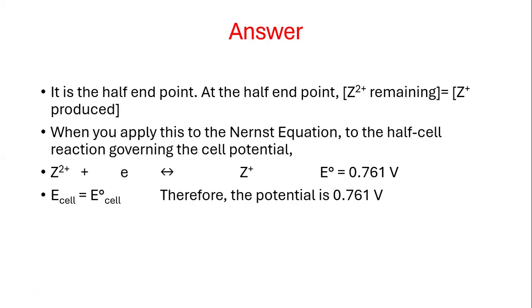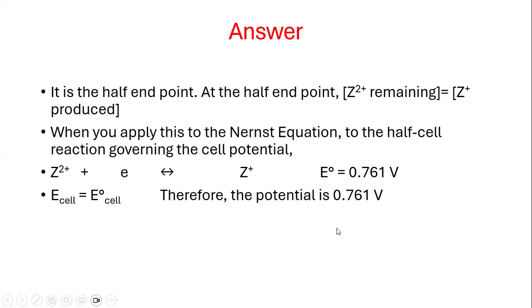At the half endpoint, that cell potential is totally governed by what you have in the flask, the two redox couple. You have Z2 plus and Z only. So then the half cell potential is 0.761. So at the half endpoint, it is this.